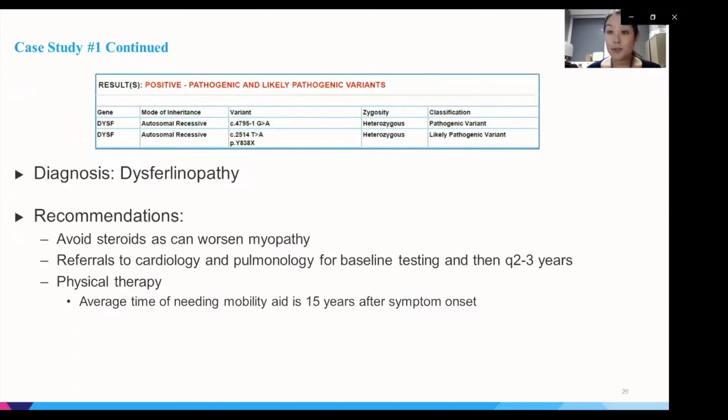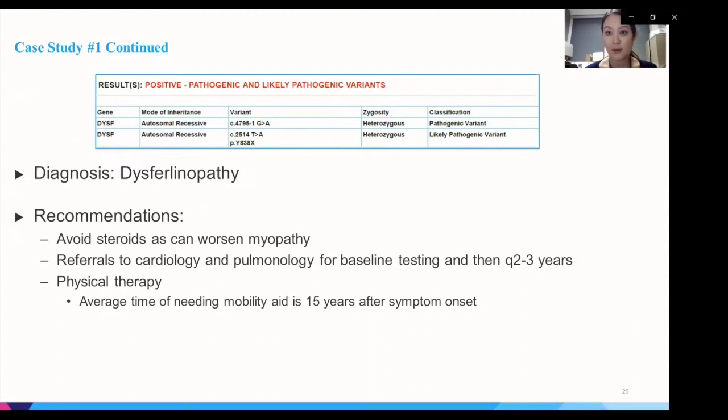where we were able to diagnose him with a dysferlinopathy after we found that he was a compound heterozygote for autosomal recessive pathogenic and likely pathogenic variants in the DYSF gene. One of these he inherited from his mother, which we know, and his father was not available for testing.